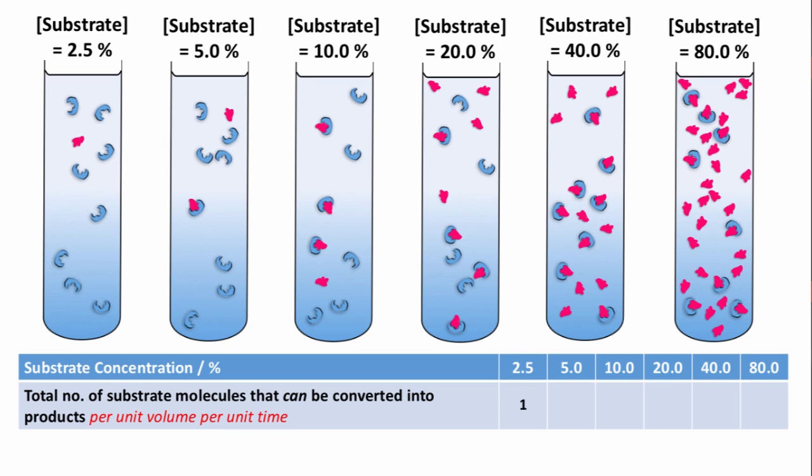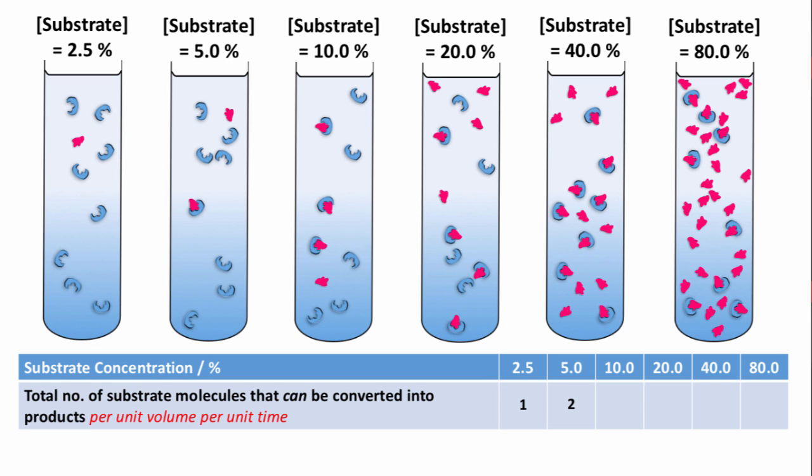So, if I were to record my table now in terms of the number of substrate molecules that can be converted into products per unit volume per unit time, if I look at the 2.5% substrate concentration test tube, then I would say there's just one substrate molecule that can be converted into products per unit volume per unit time, since there is only just one substrate molecule in the test tube.